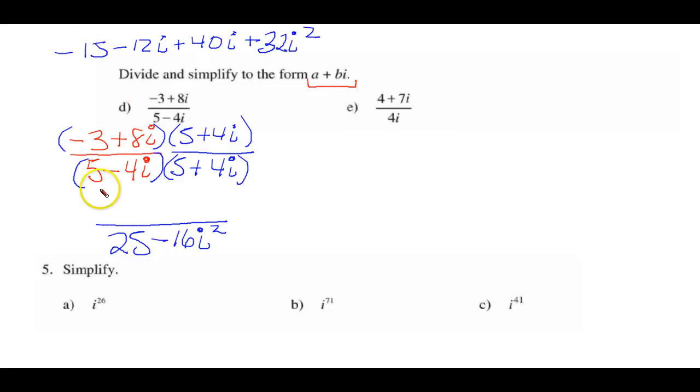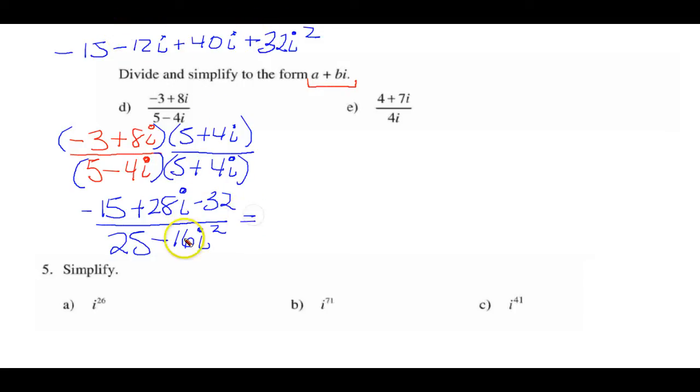Now I can group that together a little bit. This is going to be a negative 15. This is going to be a positive 28i. And remember, i squared is a negative 1, so this will be a negative 32. Okay, so we've done some intermediate steps.